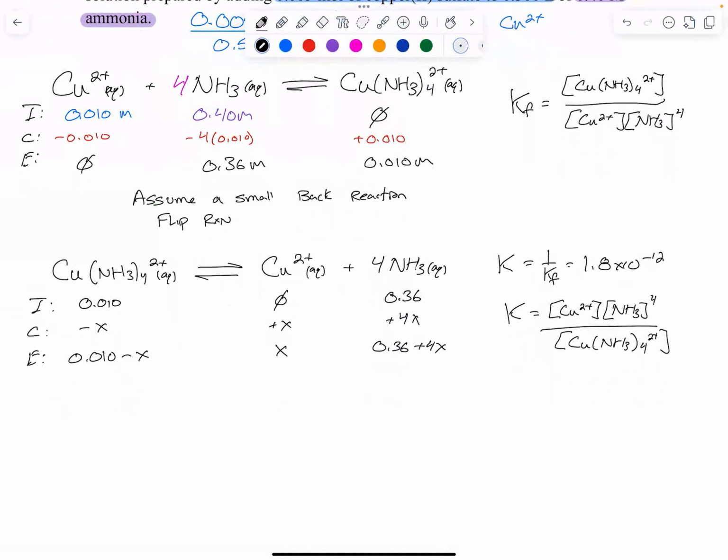Plug them in. 1.8 times 10 to the negative 12 equals x times (0.36 plus 4x) to the fourth, all over 0.010 minus x.